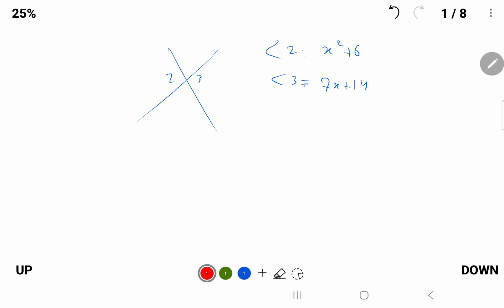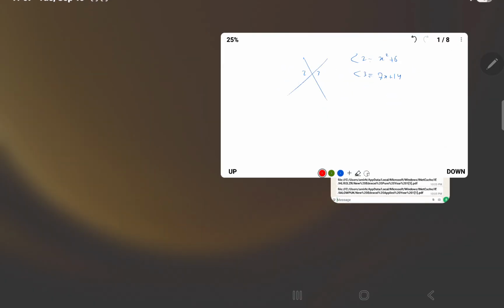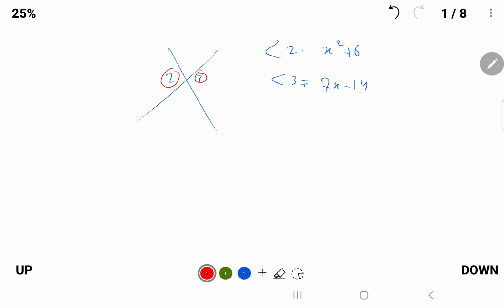Now we need to find angle 2. So first, angle 2 and angle 3 are opposite to each other, so angle 2 equals angle 3. So we can write x squared plus 6 is equal to 7x plus 14.